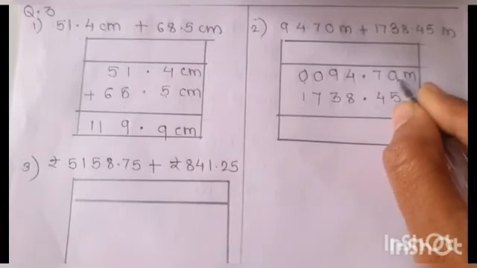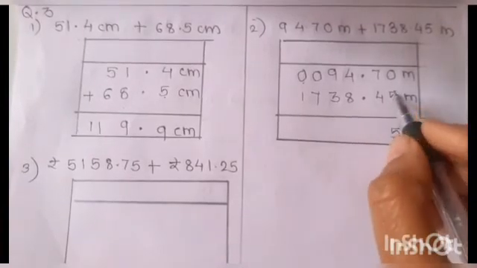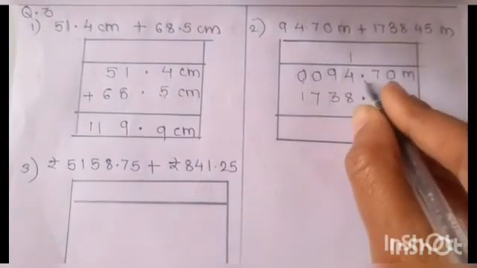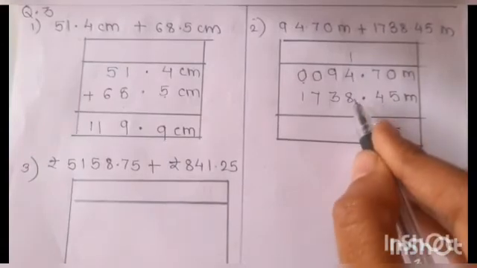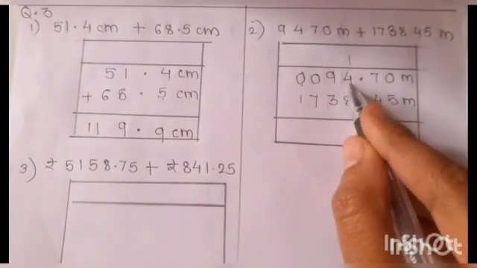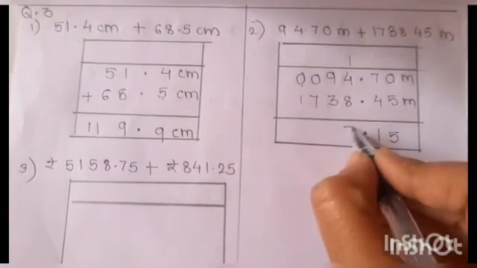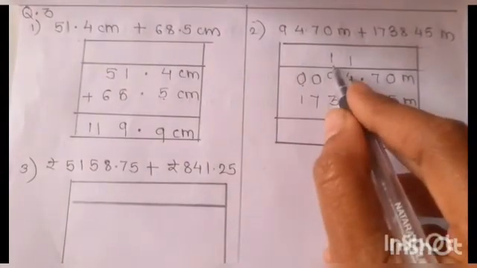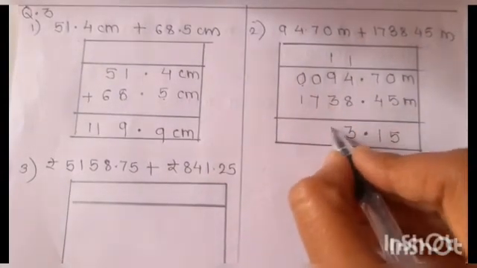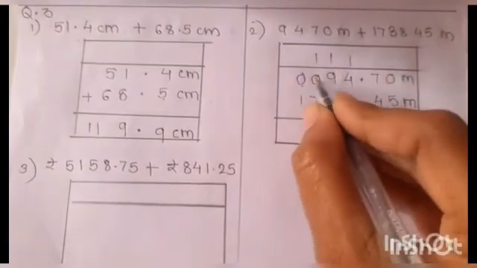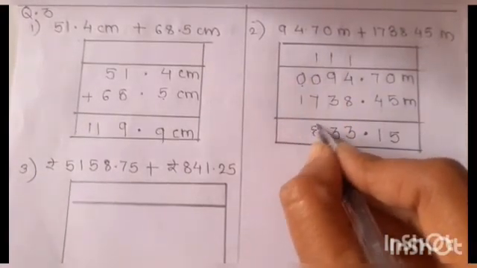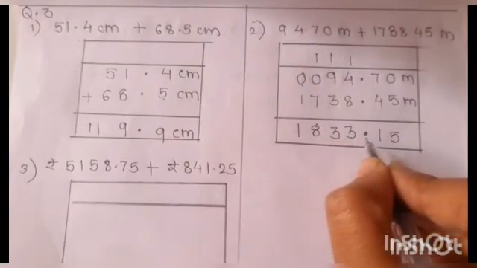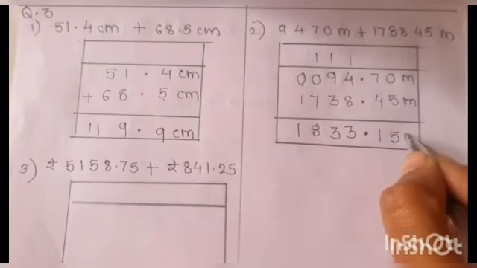Now do the simple addition. 5, 11, 1 here, carry 1, point under point. Remember, 12 plus 1, 13, carry 1, 12 plus 1, 13, carry 1, 7 plus 1, 8, here 1. 1833.15 meter.